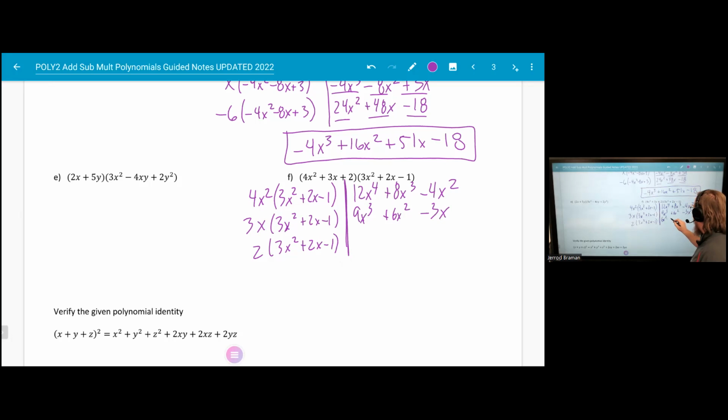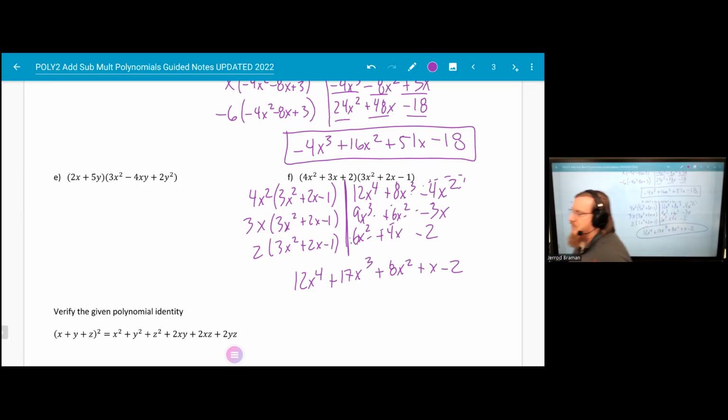Then 6x squared plus 4x minus 2. I've got 9 terms to combine. Fortunately, there's only 1x to the 4th, so 12x to the 4th plus 17x cubed plus, that's 12 minus 4, 8x squared plus x minus 2. It kind of worked on the diagonals. Hopefully you can see those diagonals coming through there a little bit.